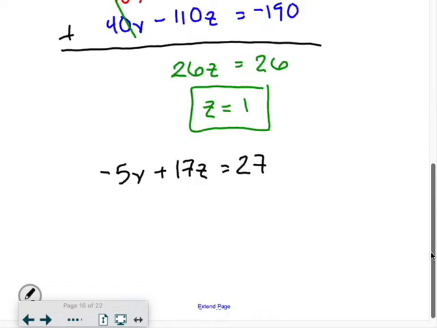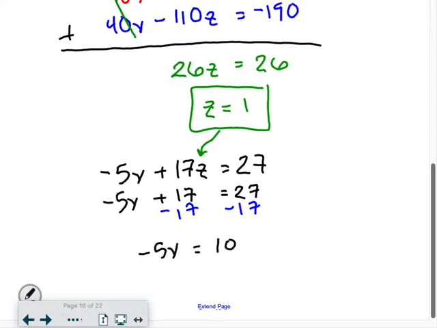You're just not writing the equation down correctly. And we're going to drop z equals 1 into here, right? So that's going to leave me with negative 5y plus 17 times 1 is 17 equals 27, right? Keep solving, subtract your 17. That's going to leave me with negative 5y equals 10, so y is equal to negative 2.